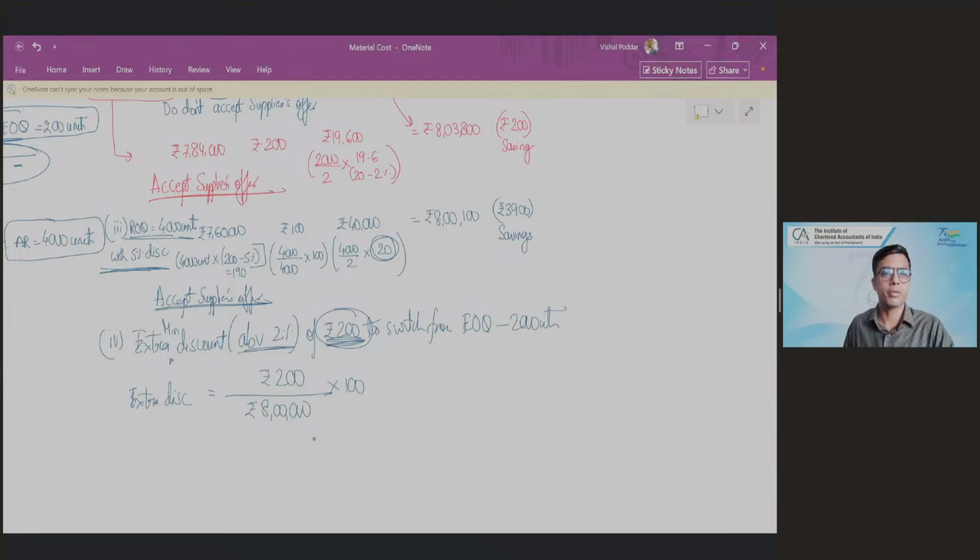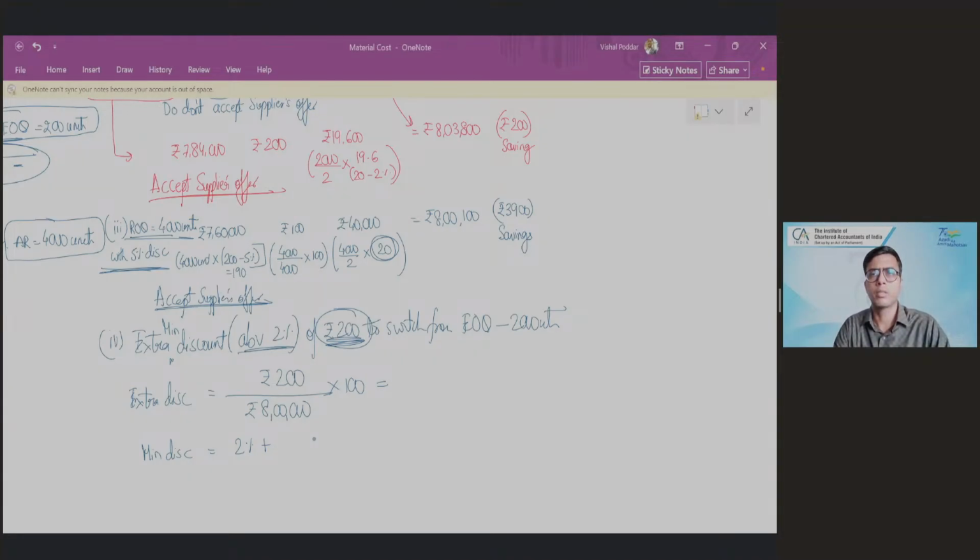How much is 200 upon 8 lakhs as a percentage, students? Yes, Satish.